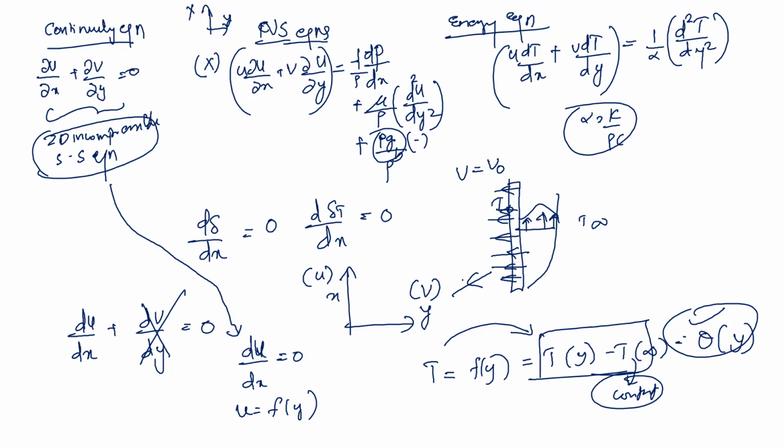Now let us go to the analysis. So the momentum equation, as I said: U du by dx plus V du by dy equal to, so we have seen du by dx is 0 because it is not going to vary with respect to x.